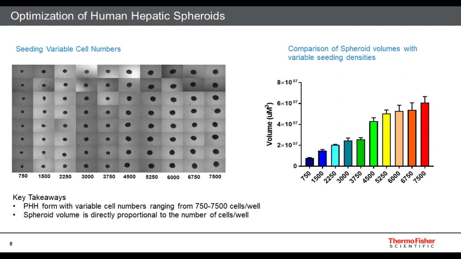And as one would hope, or expect to see, spheroid volume is proportional to the number of cells per well. So we feel that, for the most part, the vast majority of the viable cells that are seeded are included in the formation of these spheroids. This data is consistent with that.